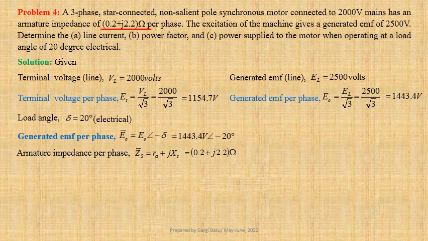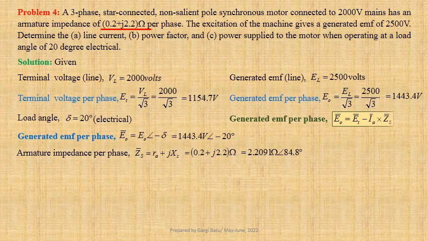This may be written in polar form as 2.2091 ohm at an angle 84.8 degree. Expression for generated EMF per phase E0 equals ET minus IA into ZS. Therefore, armature current per phase IA equals ET minus E0 divided by ZS.